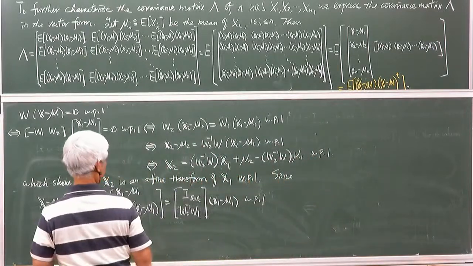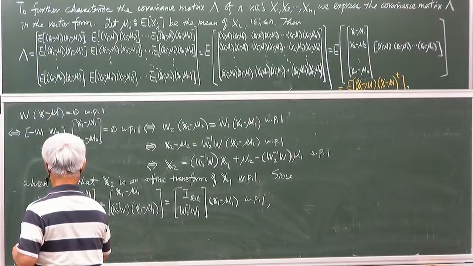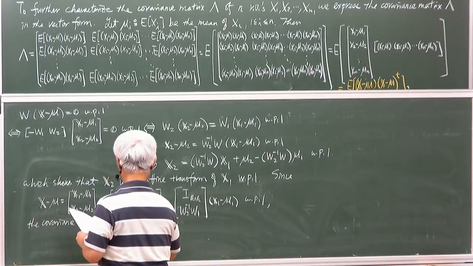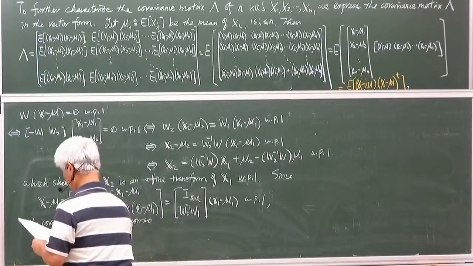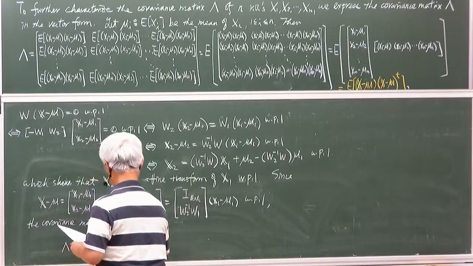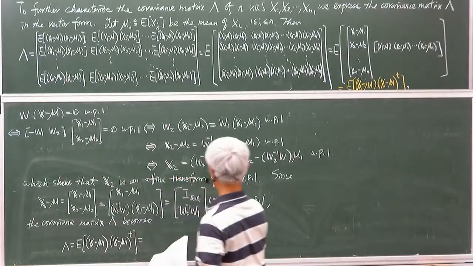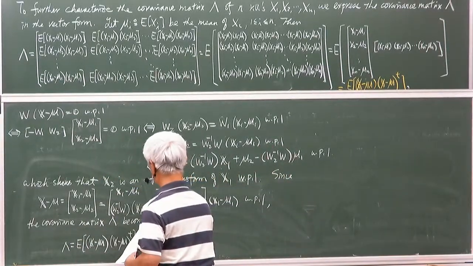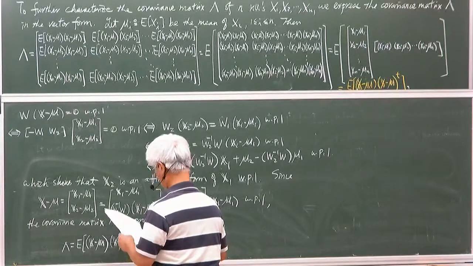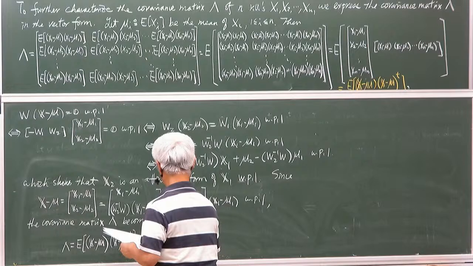So now the covariance matrix lambda becomes, we just plug into it, using the linearity of expectation.